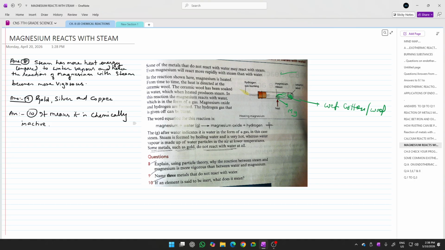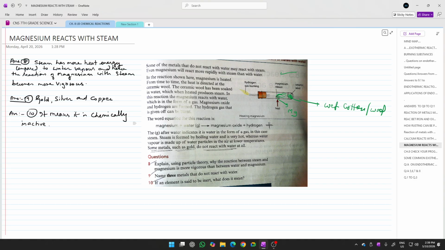Now the reaction will take place between magnesium and water, and magnesium oxide will be formed, and hydrogen gas will also be produced. Magnesium oxide, being a powder, will just remain here, and hydrogen gas, the second product, will escape from this tube.